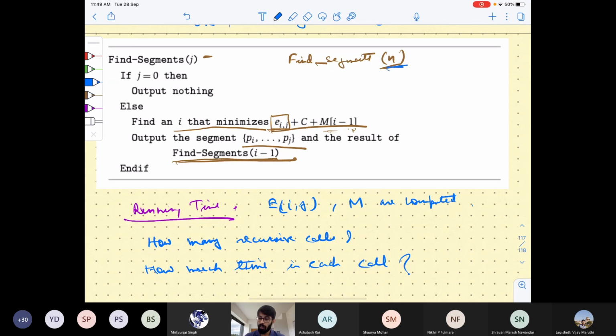For n, it can make a call for n minus 1 only at max. So it is always making a recursive call for a smaller set or smaller j. So how many total recursive calls can be made for find segment n?